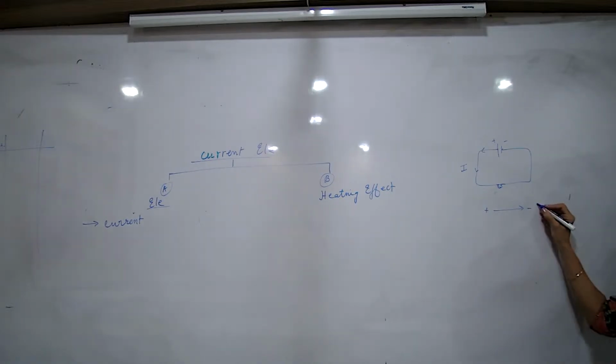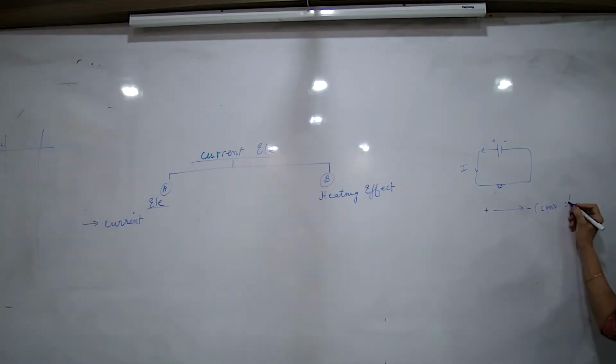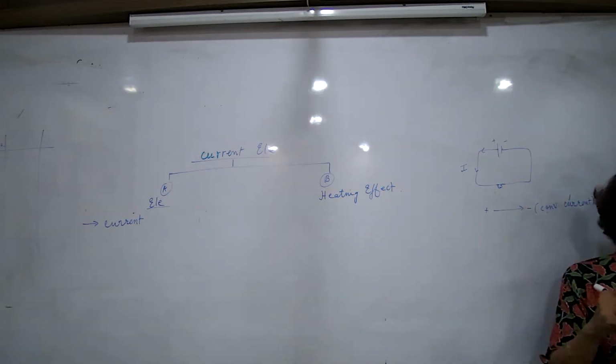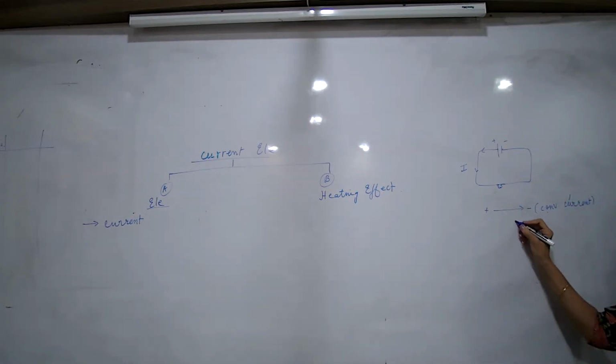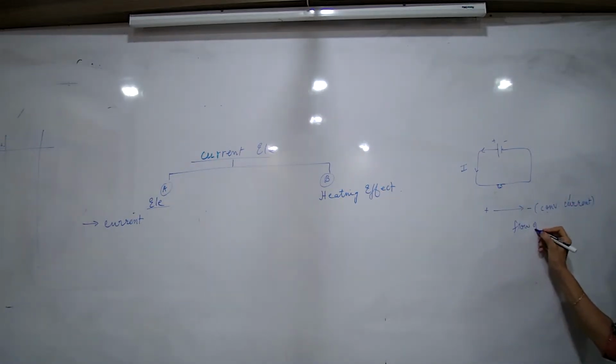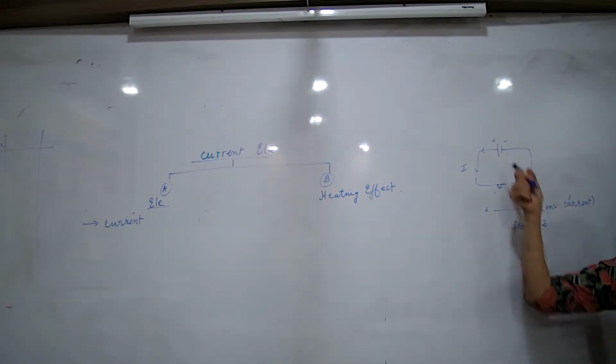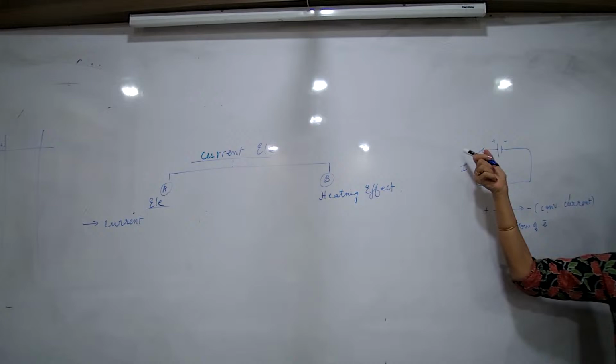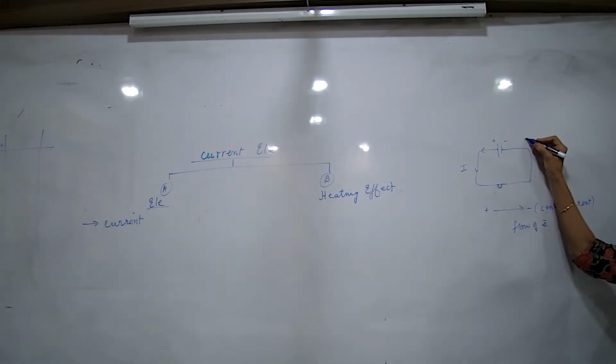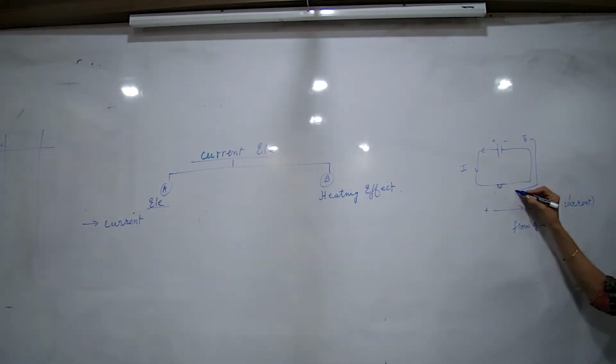Okay, this is for your conventional current. But what will we say? Current is nothing but the flow of charges. So when we talk about the flow of electricity or the flow of charges, electrons being negatively charged, it moves towards the positive direction. Okay? So the electrons are the ones which are moving in the opposite direction.